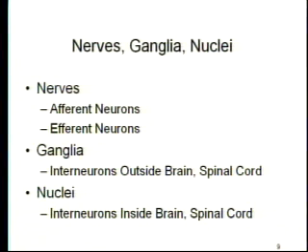Then we have ganglia, which are bunches of interneurons. Ganglia and nuclei are both bunches of interneurons, but as a rule, ganglia are found outside the brain and the spinal cord. Nuclei are found inside the brain and the spinal cord. I think I'm going to show you some of that the next time.